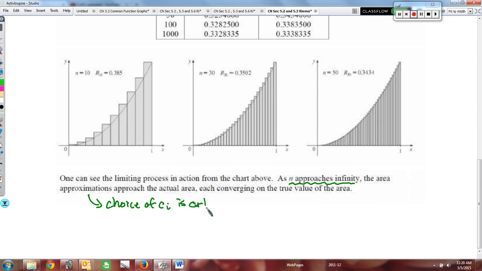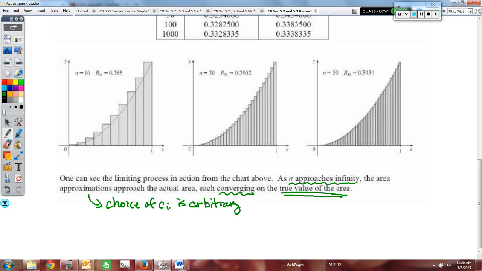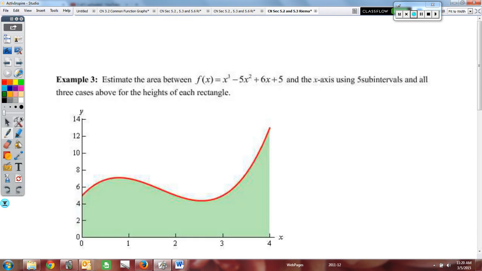It's not going to have any effect whatsoever on the fact that the approximations are going to get better and better, and that when I take this limit, it's going to converge on the true value of the area. So that is the idea of what we're going to do.